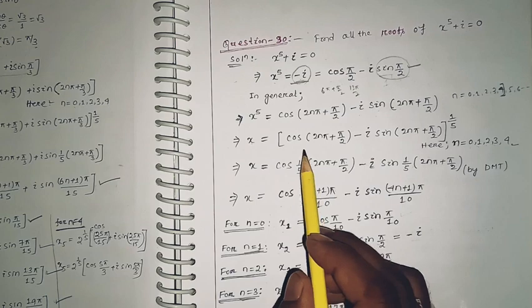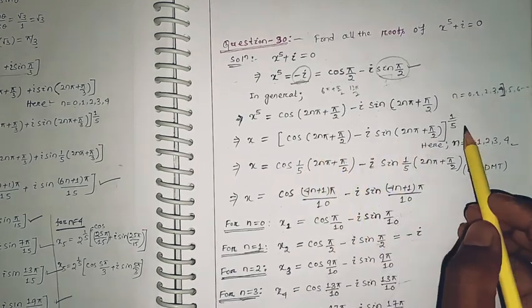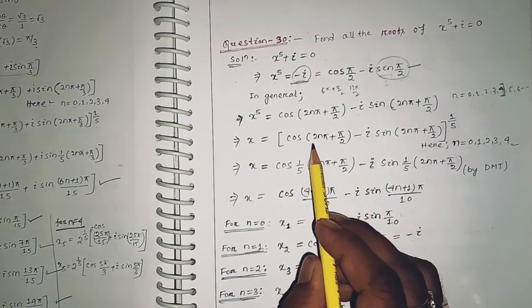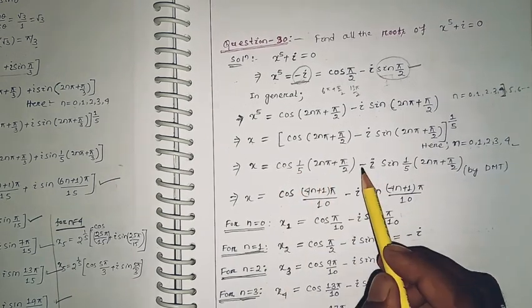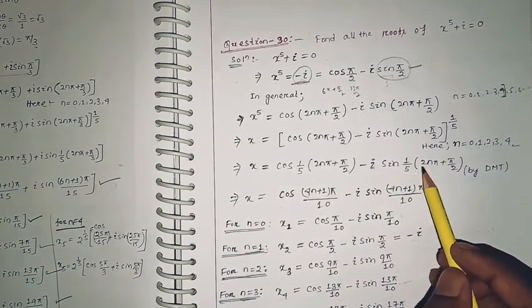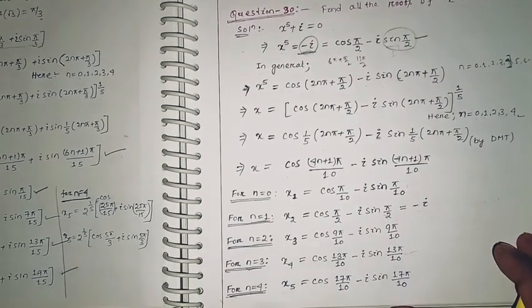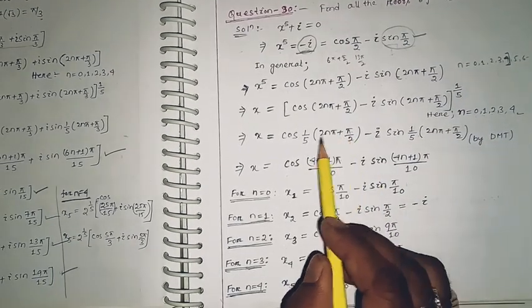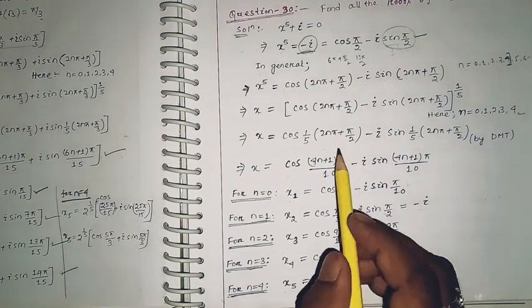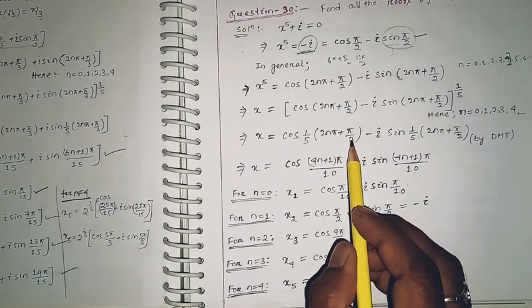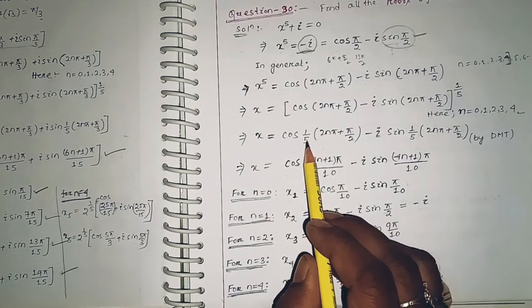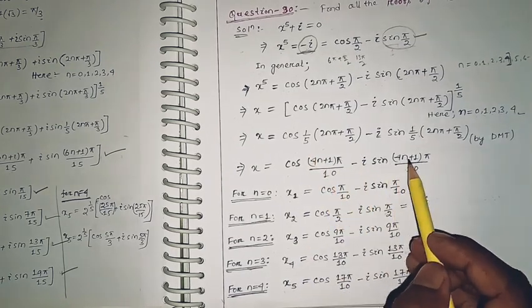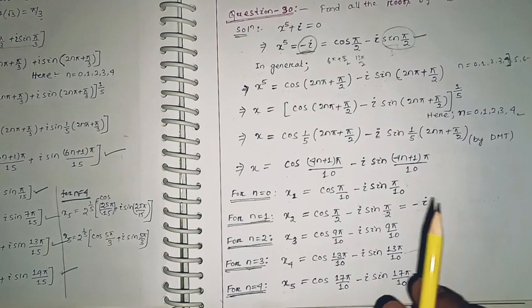So by DMT, this 1 by 5 will be multiplied with this angle: cos (1 by 5)(2n pi plus pi by 2) minus i sin (1 by 5)(2n pi plus pi by 2). We just add these two angles and find this will be 4n pi plus pi, that means (4n plus 1) pi, 5 into 2 is 10, minus i sin (4n plus 1) pi by 10.